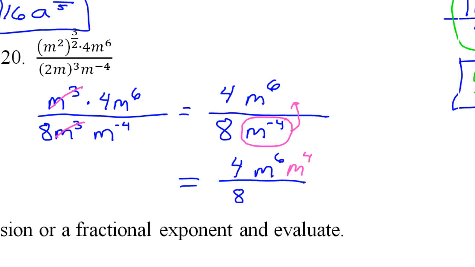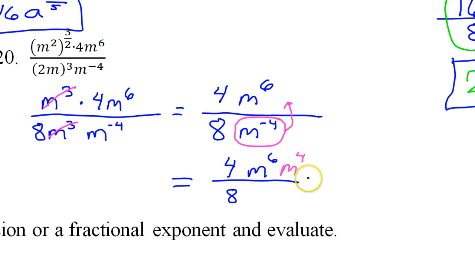So let's finish this up. 4 and 8. You know 4 goes into 8 evenly, but notice the bigger number is on the bottom. So this is going to wind up being 2, but a lot of students accidentally put it on the top.